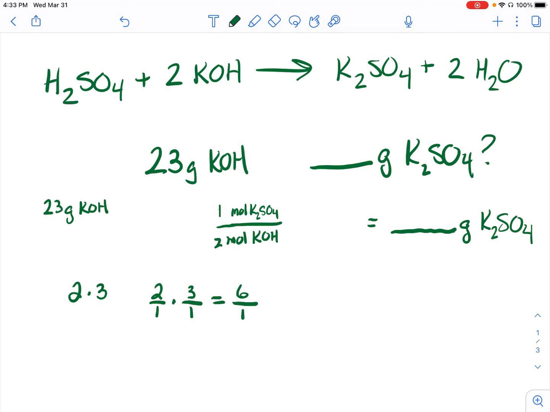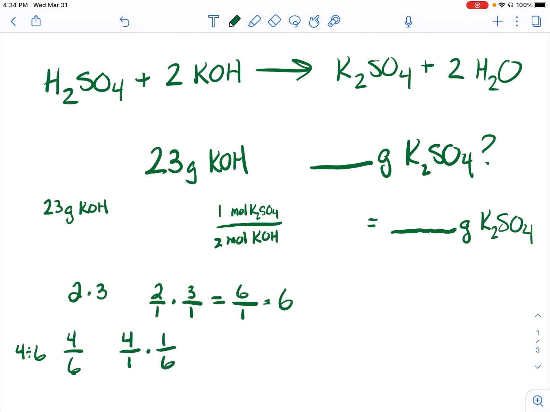We get 6 over 1, which equals the 6 that we expect to get. Hello, Captain Obvious. But what about if we did 4 divided by 6? Sometimes you would see it written this way, the old school division sign. That is the same as saying 4 over 1 times 1 over 6.